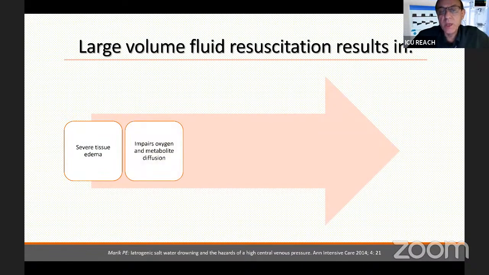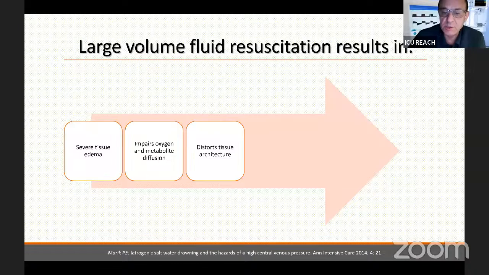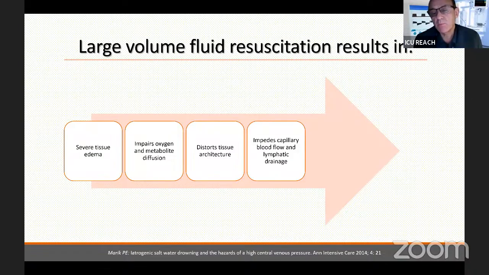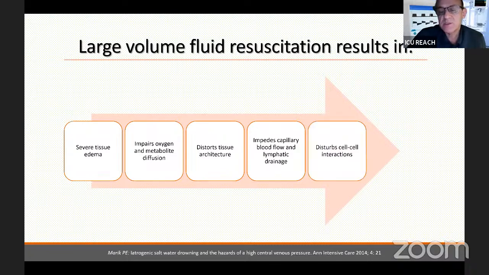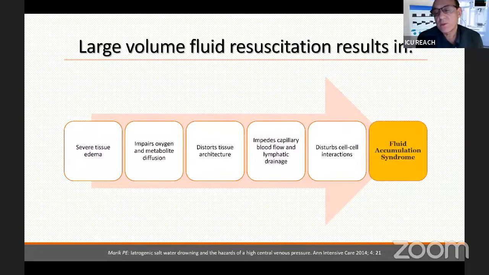And that will impair oxygen and metabolite diffusion, which also will lead to distortion of tissue architecture. And of course, this will impede capillary blood flow and lymphatic drainage. It will disturb cell-to-cell interactions. And that will lead to what we call fluid accumulation syndrome.